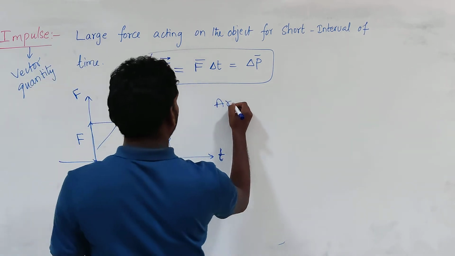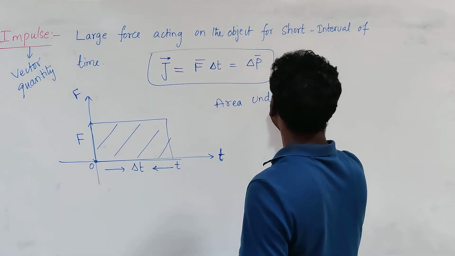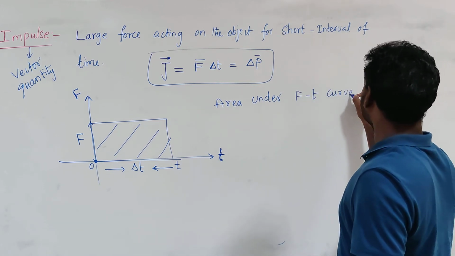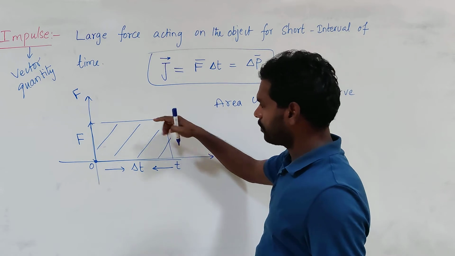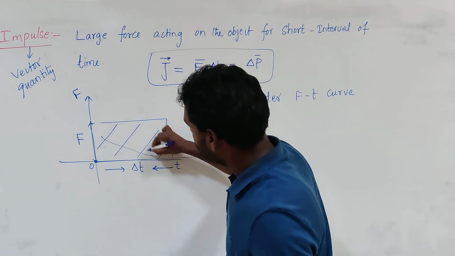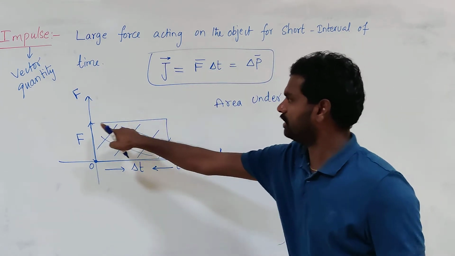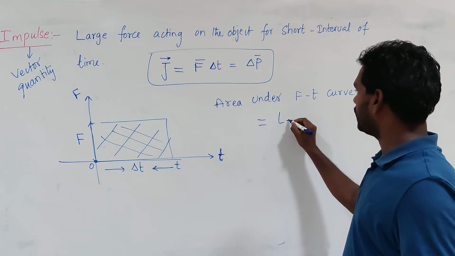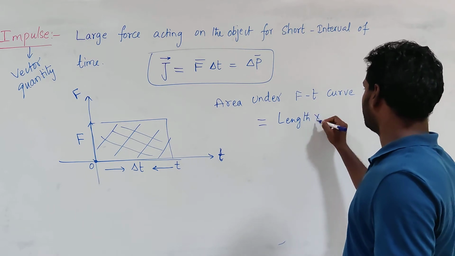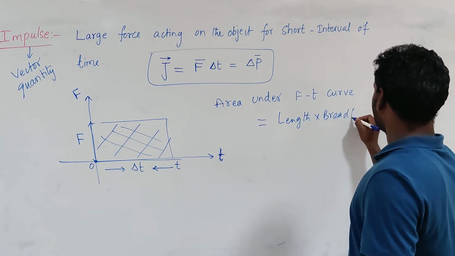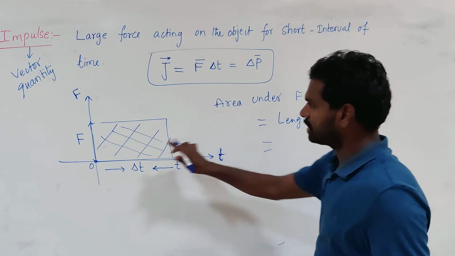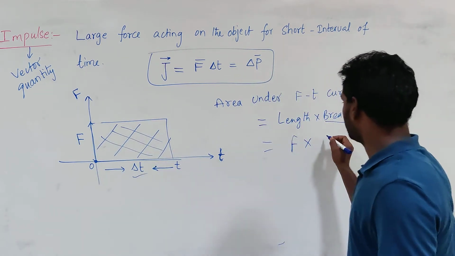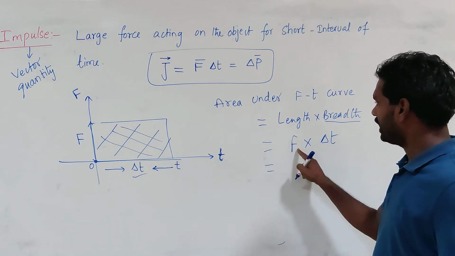So the area under the FT curve is the area under this curve. Area is nothing but length into breadth. Here the length is force and the breadth is delta t, so the area is F delta t.